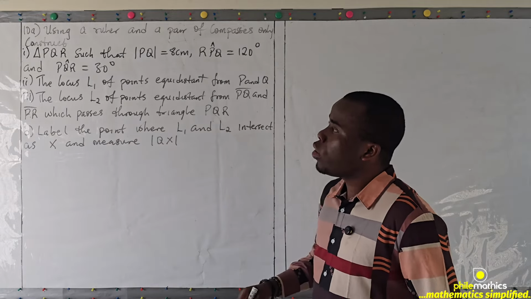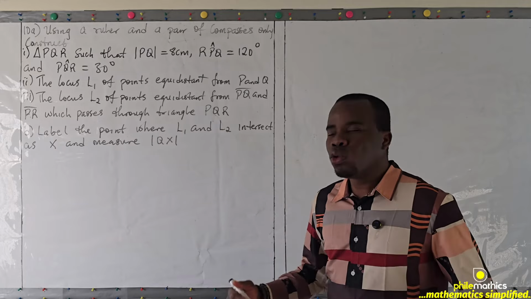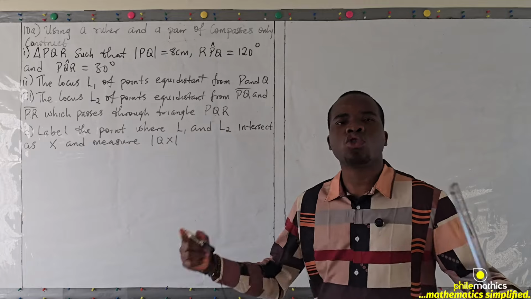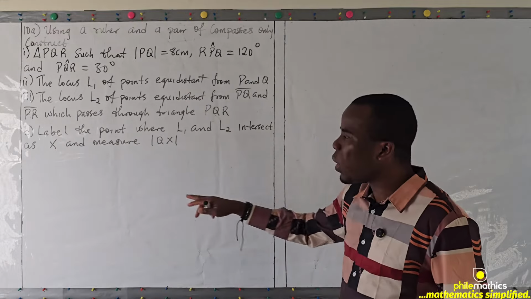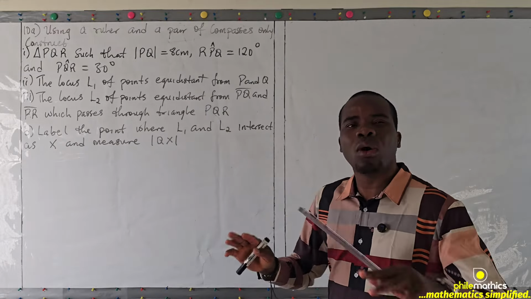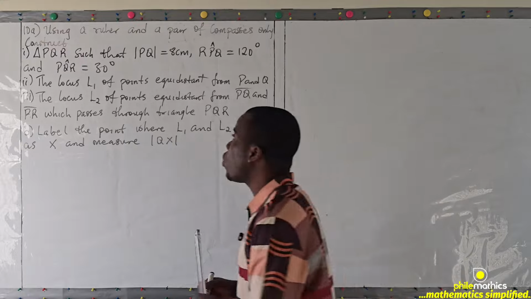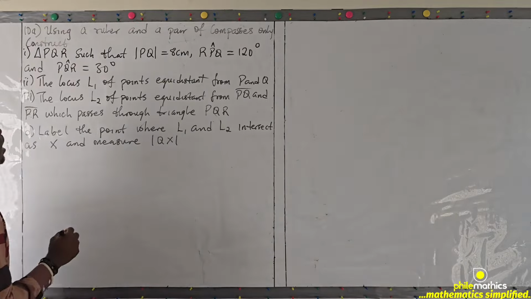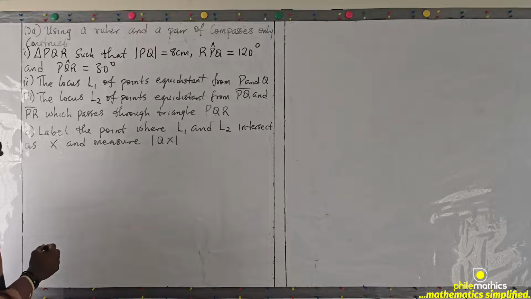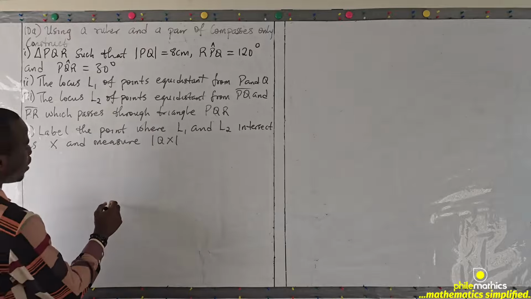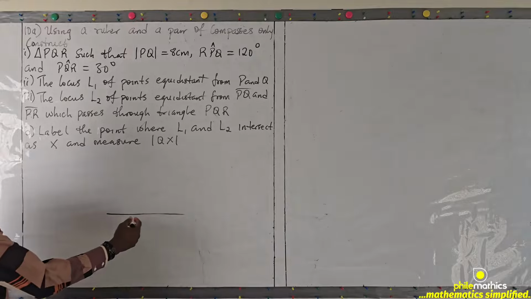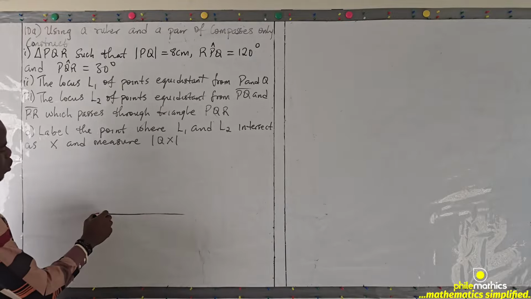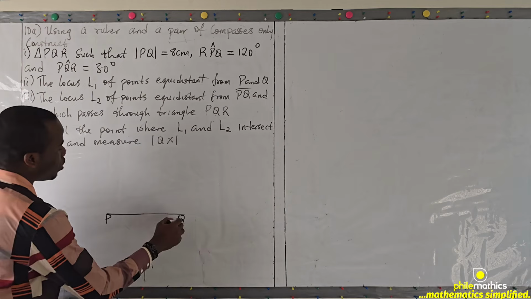So that tells you that what we are constructing is a triangle, such that line PQ is 8 cm. So it's usually good to sketch what you want to construct, so that instead of looking at the question while constructing, you are looking at your sketch to make your work easier and neat. So usually put the length at the base. Let's call this PQ, 8 cm.